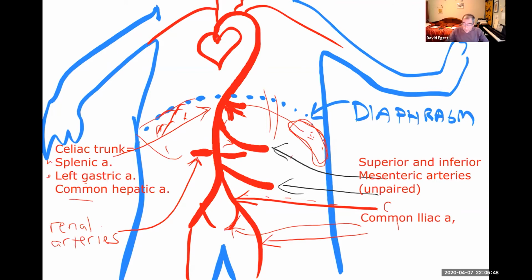This is going to then branch in. So this is called the external iliac, the one that stays more outside. The internal iliac is going to be this inside one here.